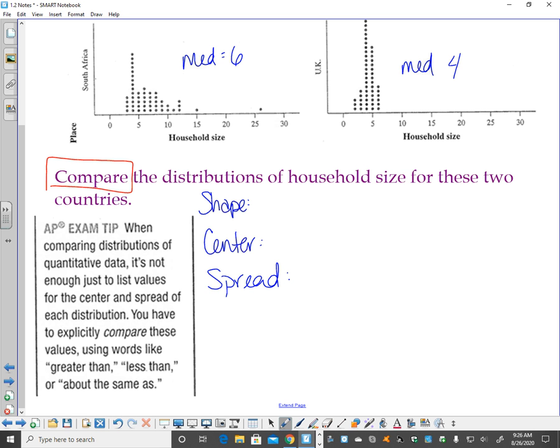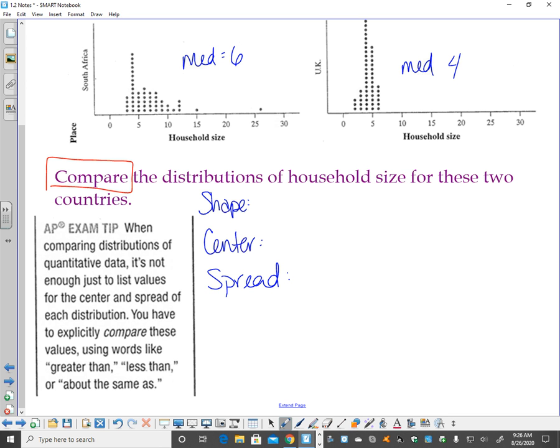Spread. South Africa looks like it varies from 3 to 26, and UK only varies from 3 to 6. I need to state what those spreads are, but again, I need to compare them. I'm going to say the South Africa household sizes are much more widely spread than the UK household sizes, because that's a drastic difference.